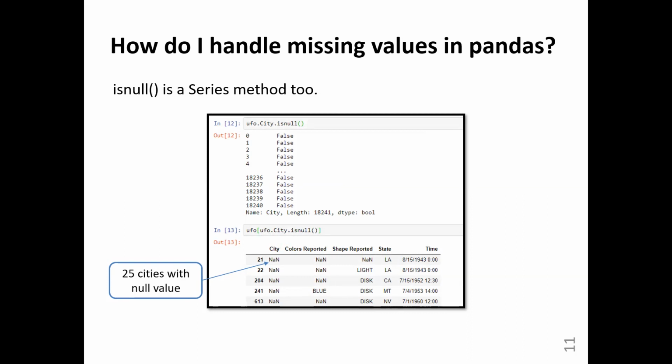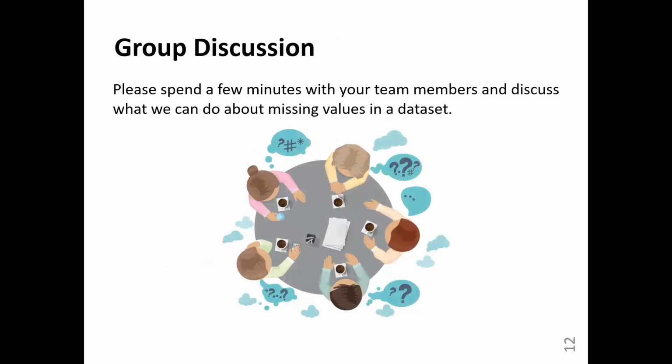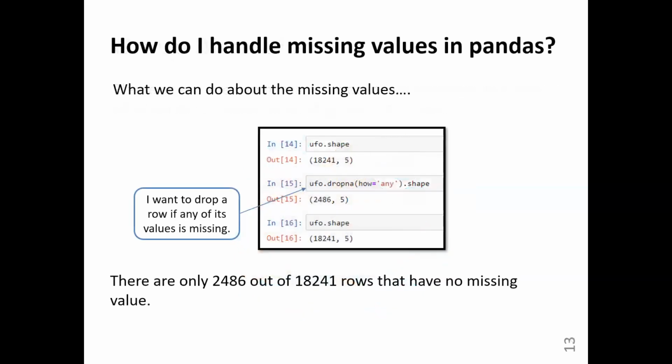Okay, let's go to the next. This is what we started our slide with, saying what we can do with missing values. One of them is dropping, and it really works when the number of null values is limited compared to the whole data set.